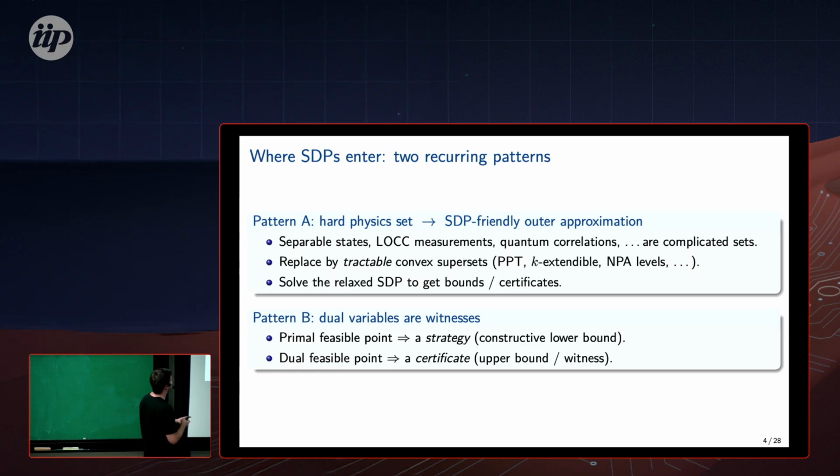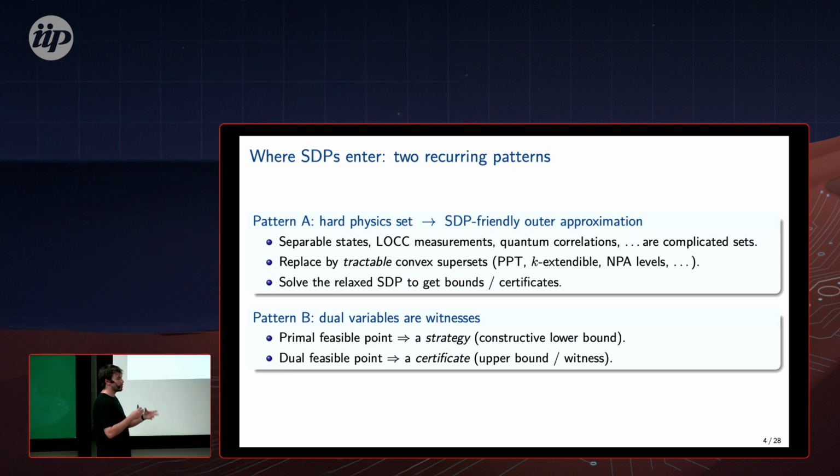Because in quantum information theory, we often look at sets that are convex, but from a geometrical or analytical perspective are very hard to understand how they actually look like and how to optimize over them. So prime examples are separable states, LHV measurements, correlations, and so on. They are all very complicated.